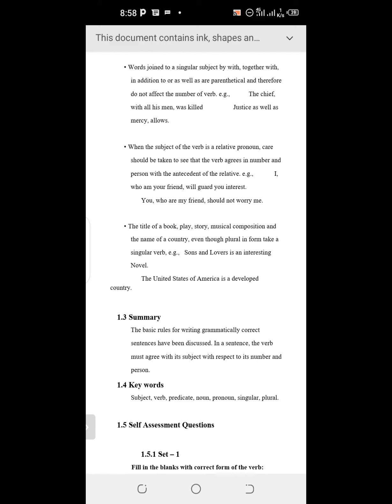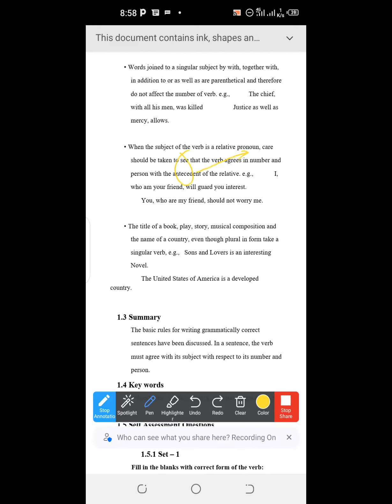Here, the subject is I, but further information is this: am your friend, will guard you in your interest. So here, I is the subject, so the verb is am, even though it is not after I, it is after who. And what is who here? Who here is a relative pronoun.